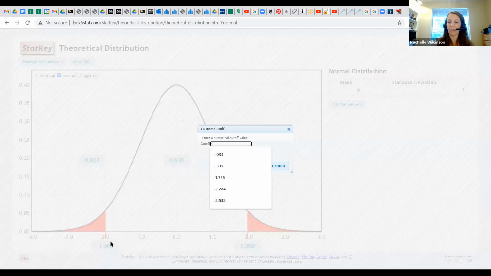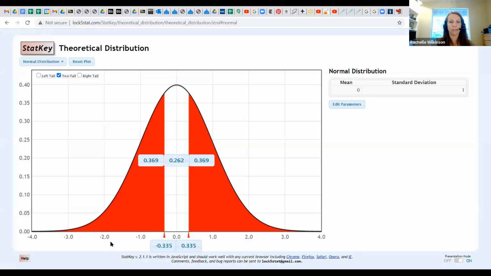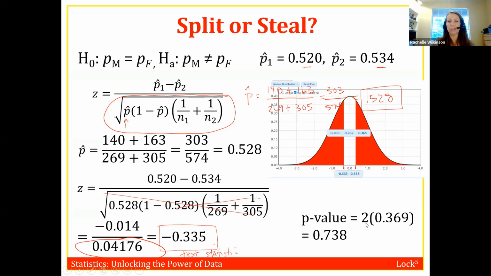For a two-sided test, I double one of the tail proportions, or add the two tail proportions together. So 2 times 0.369 will be equal to my p-value. My p-value is going to be 2 times 0.369, or in other words, 0.738.